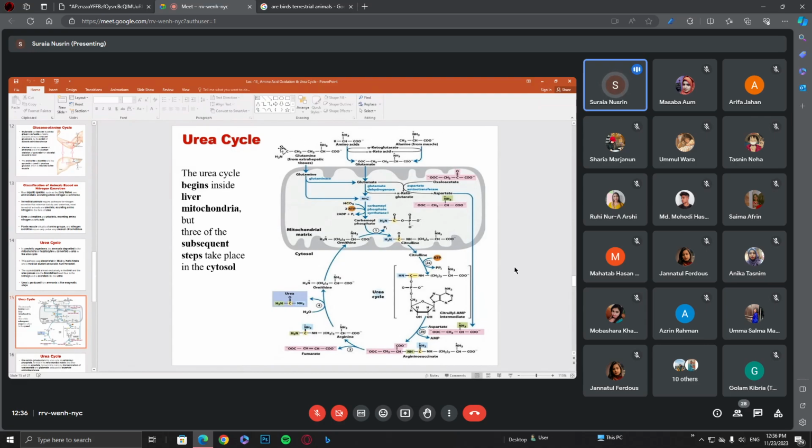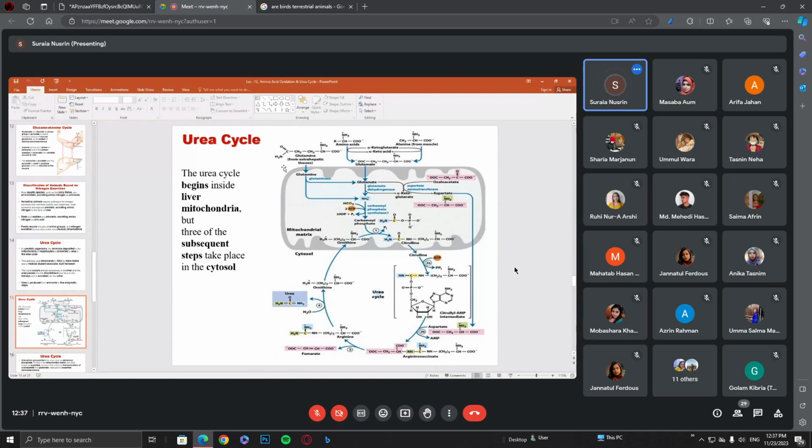Those are the very first reactions, which we have already learned: amino acids entering the liver or hepatocyte and releasing the amino group by the transamination reaction. The amino group may come from alanine from muscle, or from an amino acid of the liver cell itself, or from glutamine, which collects the amino group from other extrahepatic tissues and releases it into the hepatocyte.